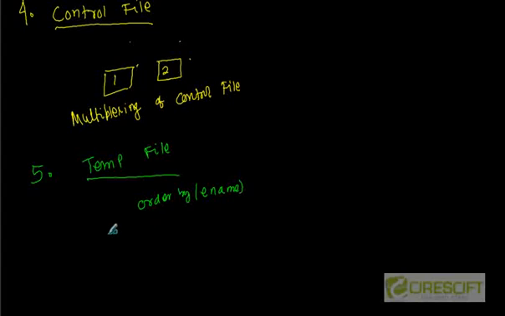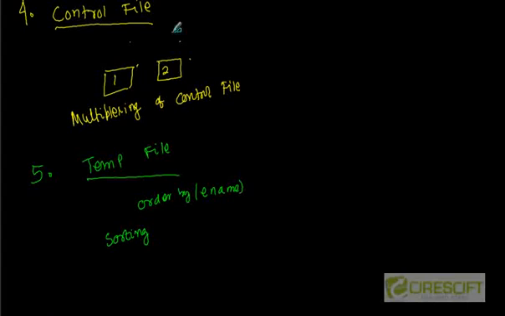So whenever we do a sorting operation and things like that, we need some temporary place to use for sorting, and once we finish the sorting we do not need those temporary locations. This is why we need a temporary file in the storage structure.